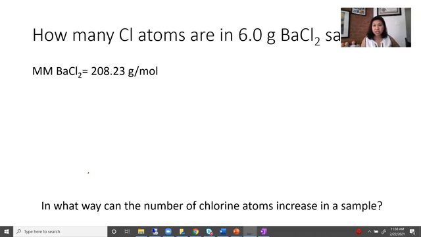So this is pretty much the same as the last one, but in this case we're using barium chloride as our source of chlorine. And you're asked to find the individual chlorine atoms. Sometimes in the text you're asked to find chloride ions, or sometimes chlorine atoms. That's fine.